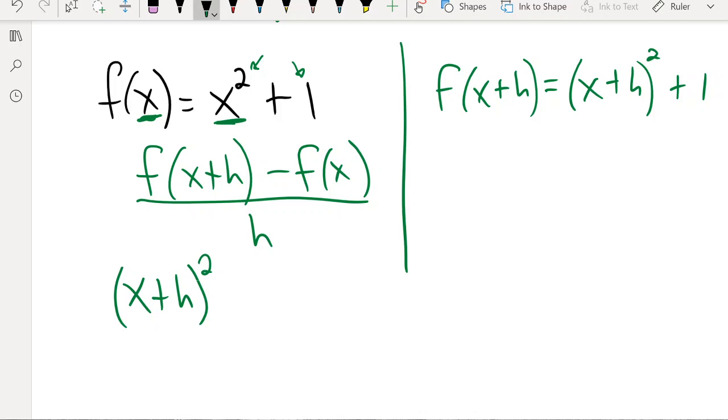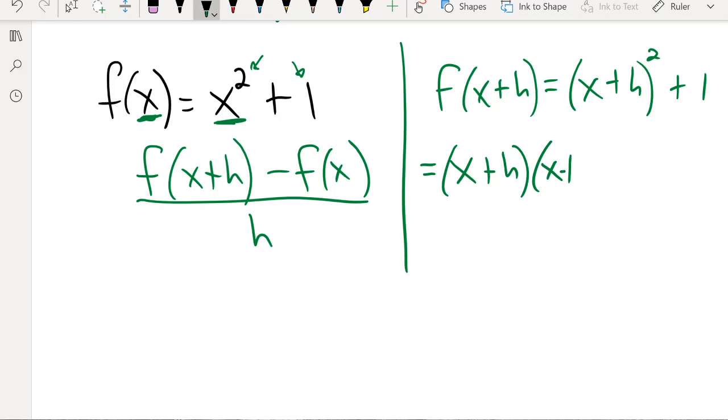X plus h quantity squared is the same thing as x plus h times x plus h. You cannot distribute the square. You're going to miss out on the middle terms. If you try to distribute the square, you'll get it a little bit right, but not all the way right, and in math, it has to be all the way right. If I square it, that's the same thing as saying I want this thing multiplied by itself.